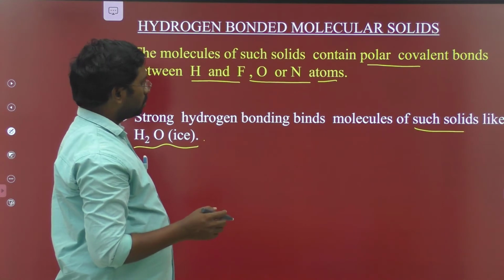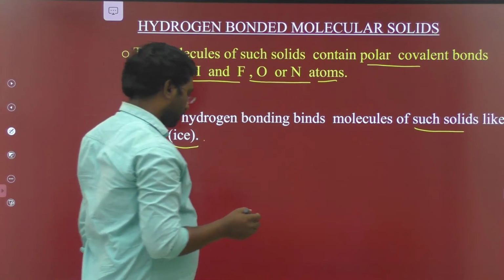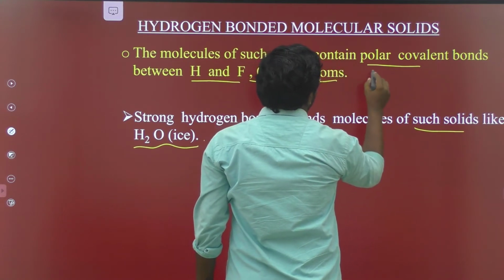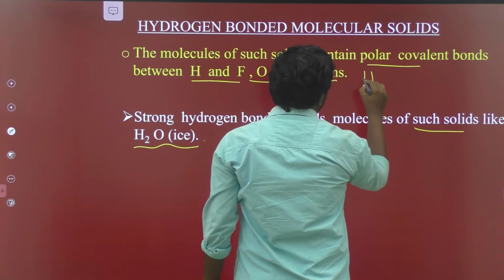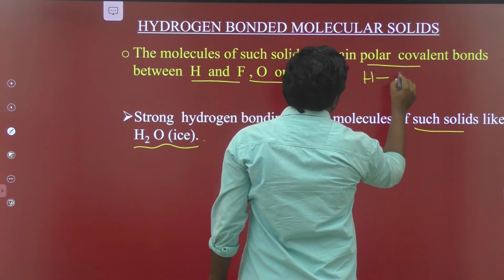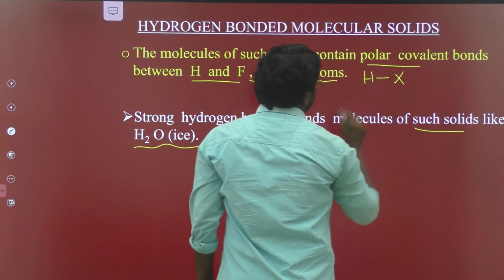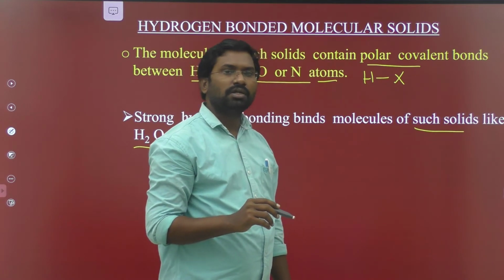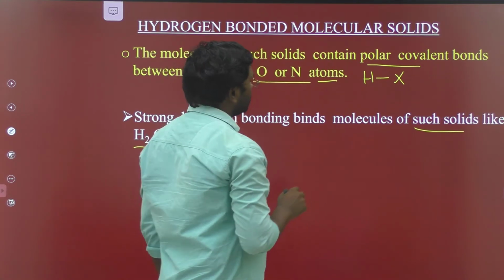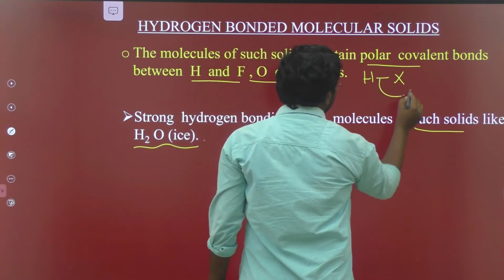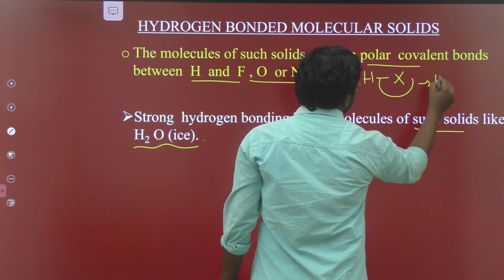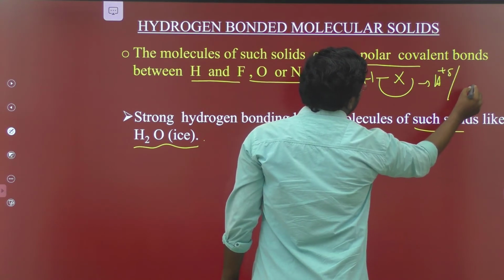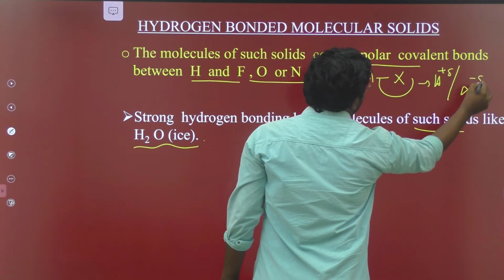Now, the formation of the hydrogen bond. For example, between hydrogen and another electronegative element X, due to its electronegative character, the pair of electrons is attracted by the more electronegative element X. Therefore, hydrogen possesses a partial positive charge and X a partial negative charge.